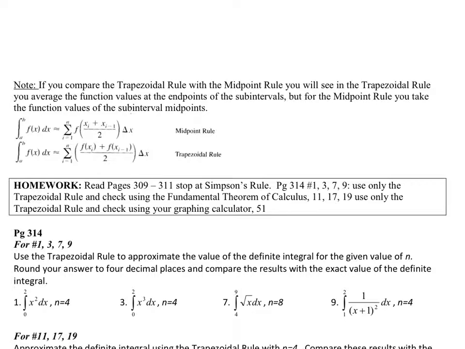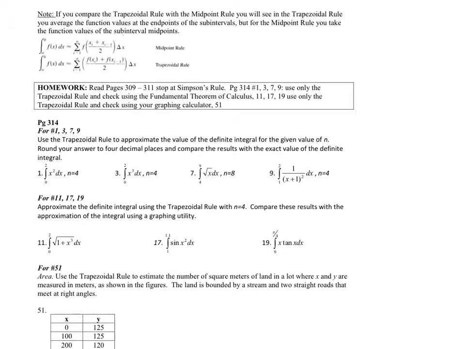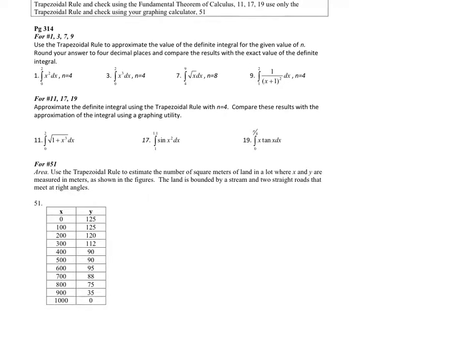For the last three, 11, 17, and 19, you can check your answer just plugging it into your calculator. And of course, it won't be exact, but you can get close. But just pay attention to the directions on there. That's why we printed it out a little differently than just using a screenshot of the book. Okay?